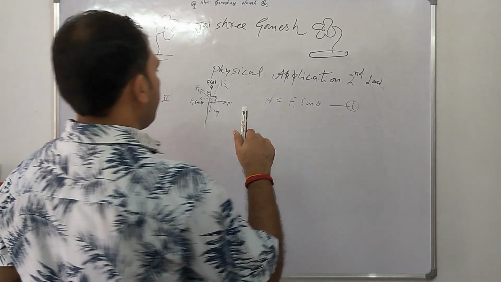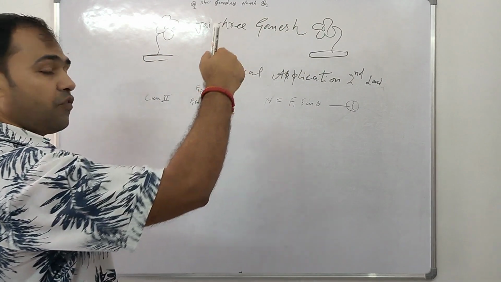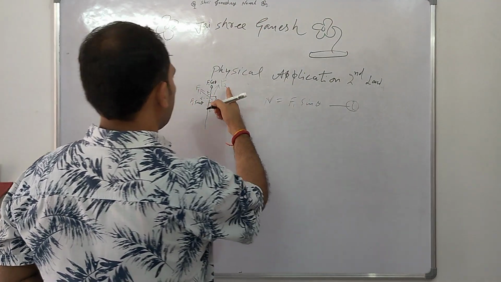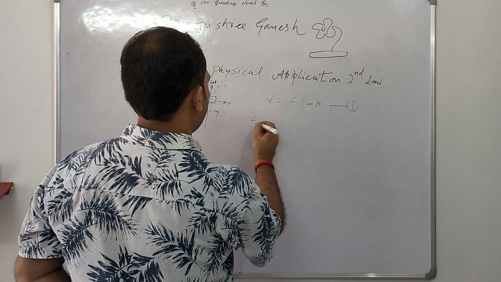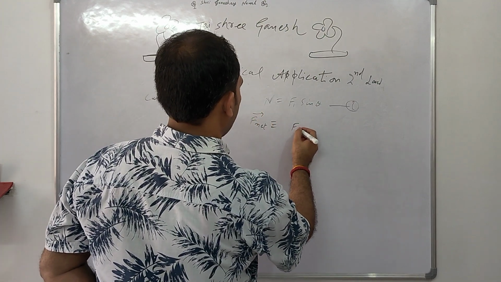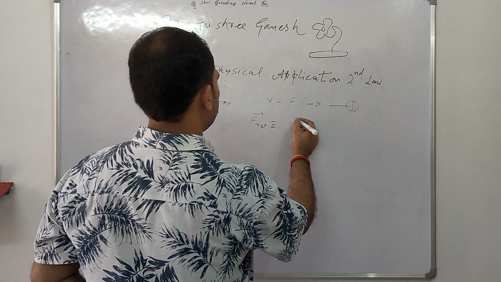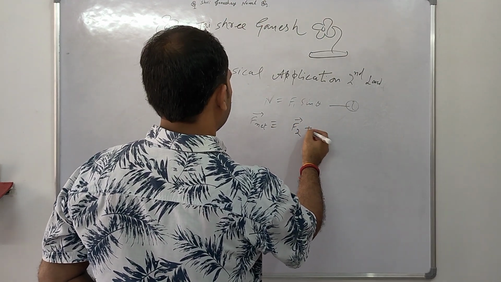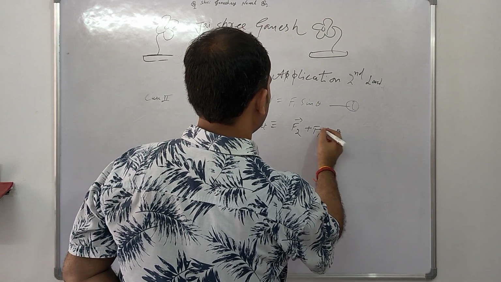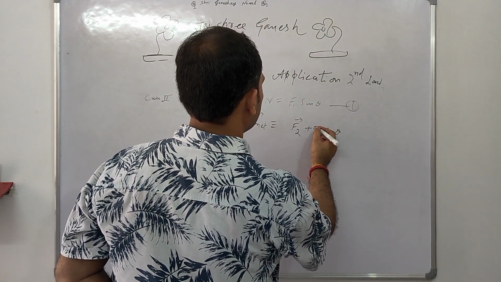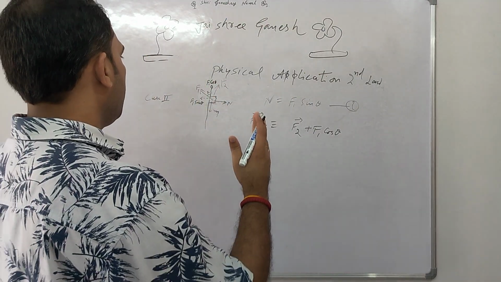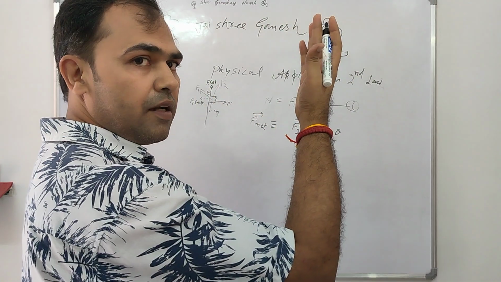Now to find F net, we will consider the vertical forces. What are the vertical forces? First is F2, that is vertically upward, plus F1 cos theta, they are working in the vertically upward direction.